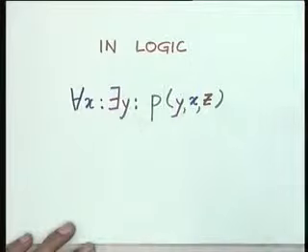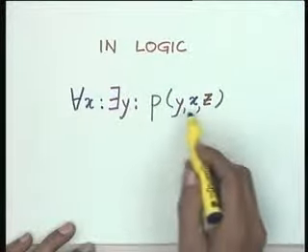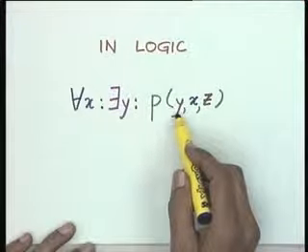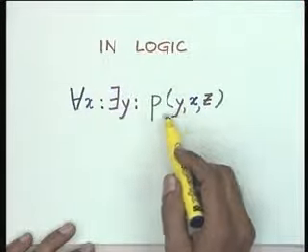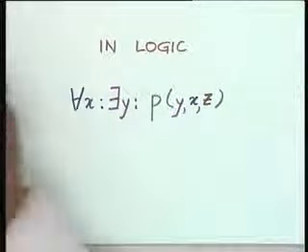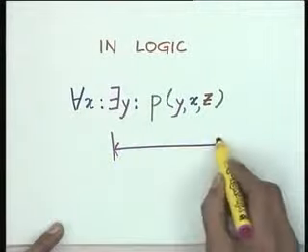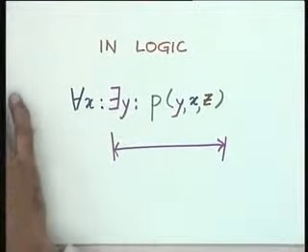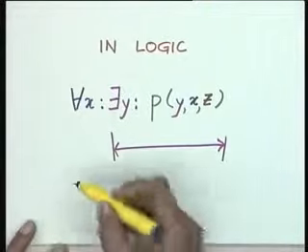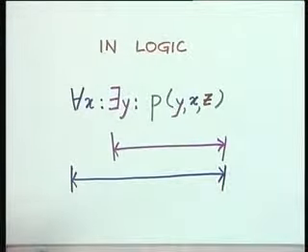Here you have a binding occurrence of y, and one or more applied occurrences of y in this predicate p, and the scope of y is delimited by this quantifier, the scope of x is delimited by this quantifier. And z is free.